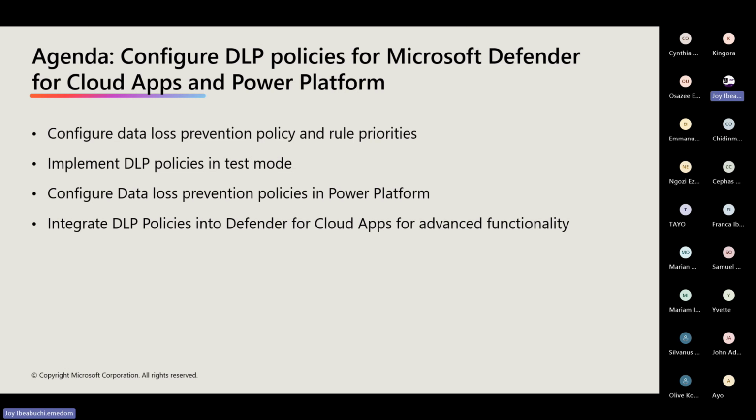Microsoft is doing so much on ensuring that we stay protected. While Microsoft Defender for Endpoint focuses on the endpoint, we have Microsoft Defender for Cloud Apps that looks at applications. And so you can also extend your data classification, data labels, and data protection policies to the cloud apps.